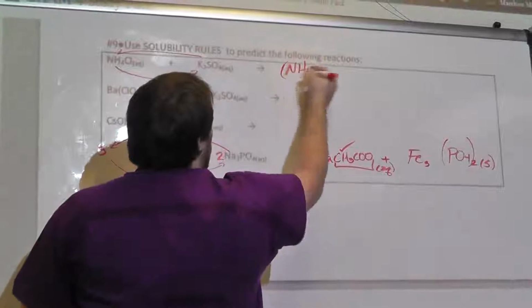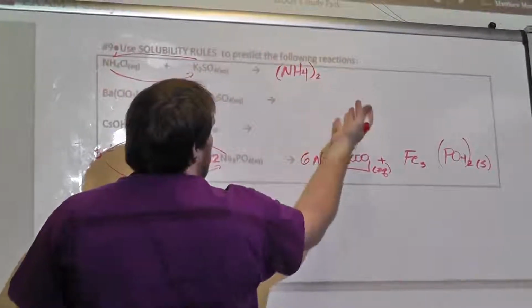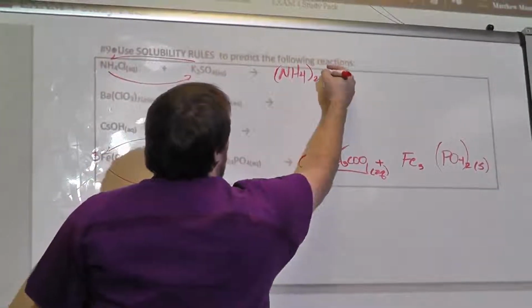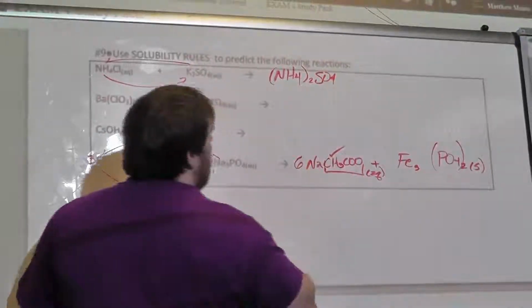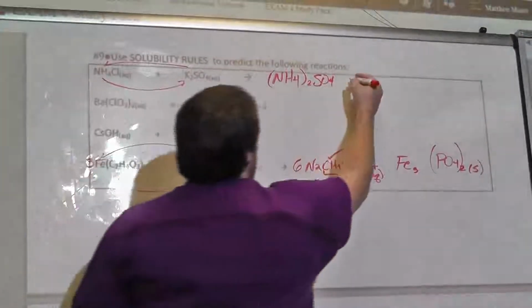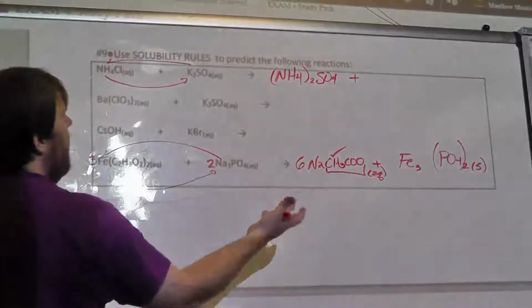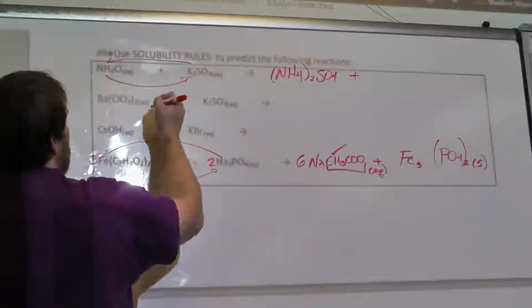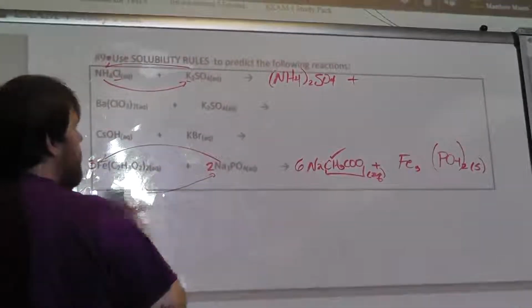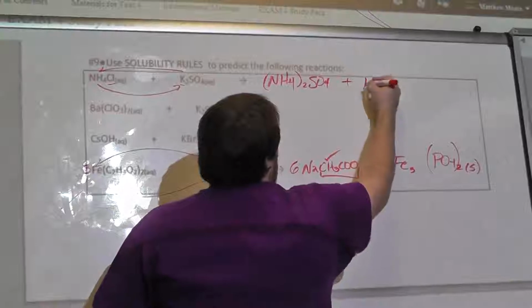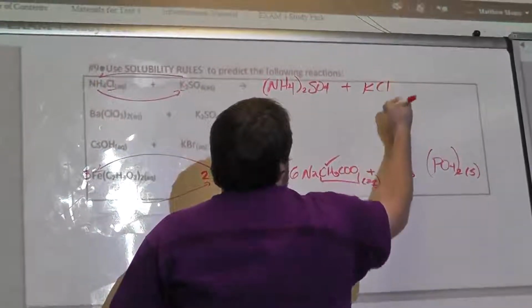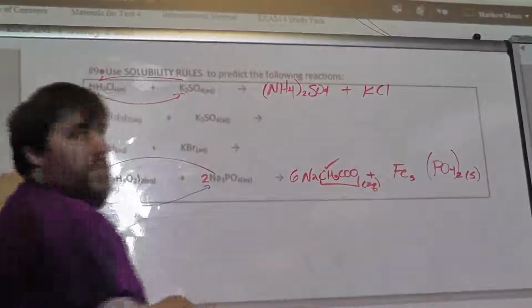So if each of these ammoniums is +1, we need 2 of those for a total +2 in order to pick up that sulfate, right? Okay, so once you've picked up that sulfate, all that you have left now is the potassium and the chloride. If those two come back together, the potassium is a +1, the chloride is a -1, so they'll come together in 1 to 1.